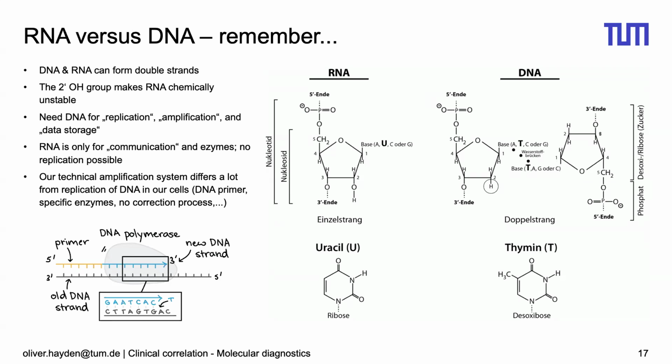So there's a difference between RNA and DNA, as you know from school. And since we have the 2' position, the 2' position also differs between RNA and DNA, because in the DNA world we lack the hydroxyl group here. That makes DNA stable. This is the key element why DNA is stable. As compared to RNA, which has on the 2' position a hydroxyl group, which makes it unstable.